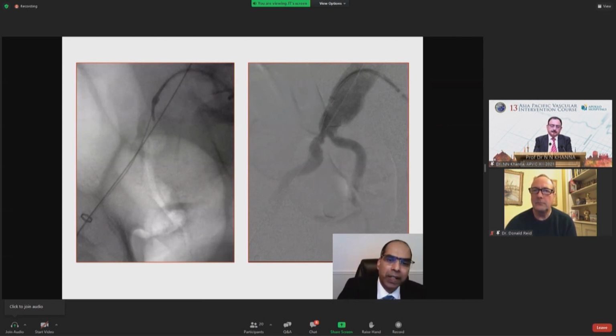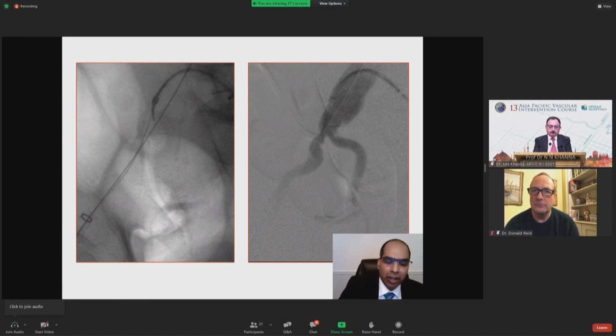I started the operation by approaching the right internal iliac artery through the contralateral approach. I tend to take an 8 French 55 centimeter long sheath from the left groin into the right common iliac artery with a through and through Amplatz wire into the contralateral groin.